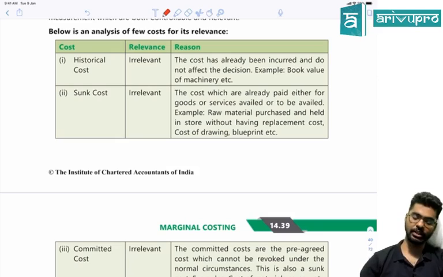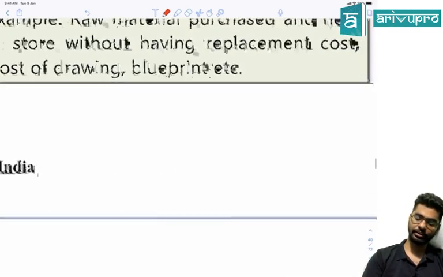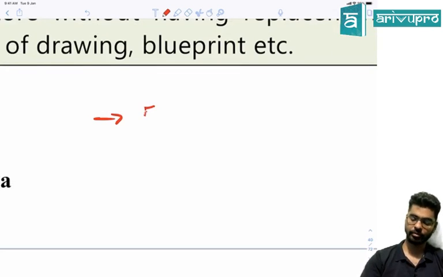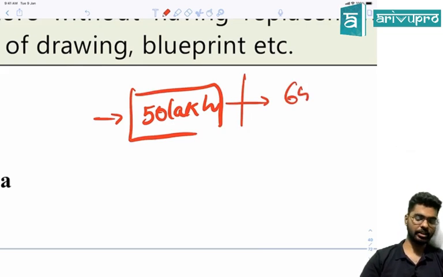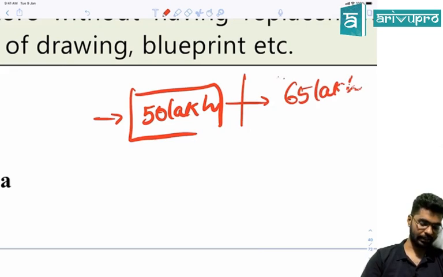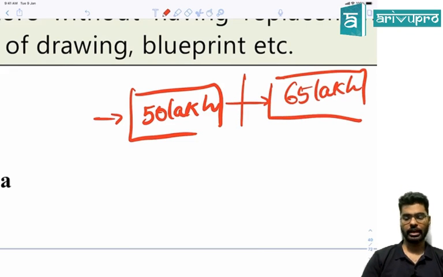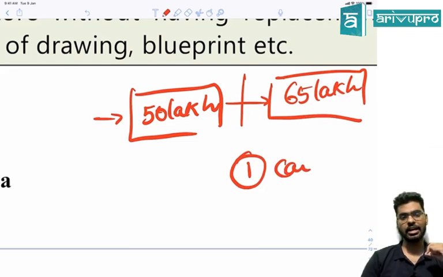He purchased the Mercedes car by paying 50 lakh. Now he wants to buy an Audi which is of 65 lakh. He can only keep one car at a time. Now, how much extra money does he require to buy an Audi car?